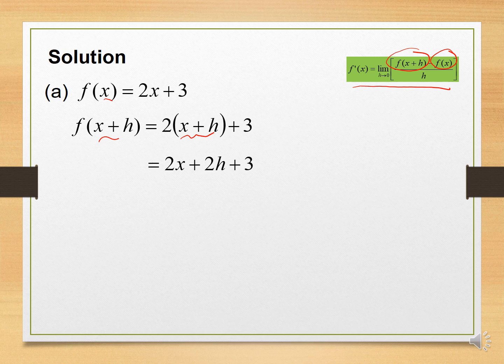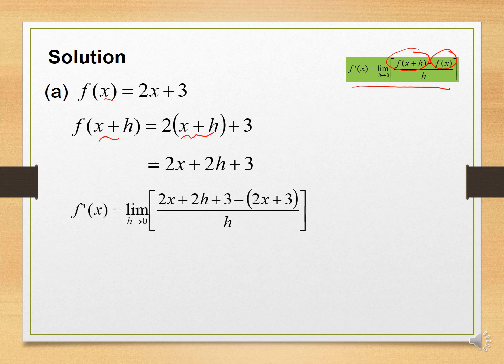Then we just expand it as usual, and you get 2x + 2h + 3. With that, we can put both values into our first principle formula, which we will obtain as [2x + 2h + 3 - (2x + 3)] over h.